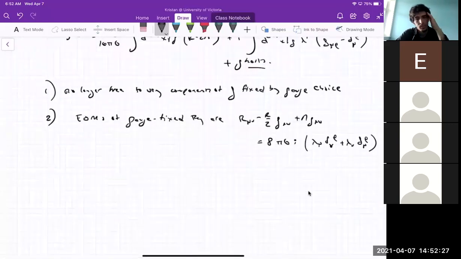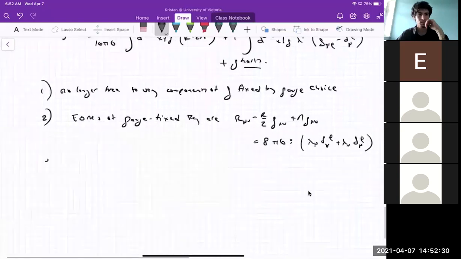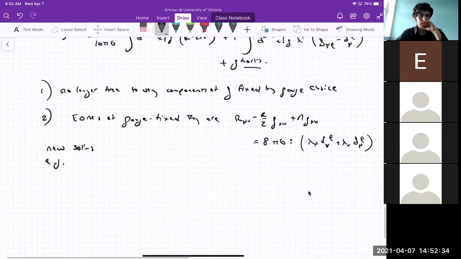So with this particular gauge choice, we can find wormhole solutions. You can think of them as new solutions to the field equations of the gauge fixed theory.